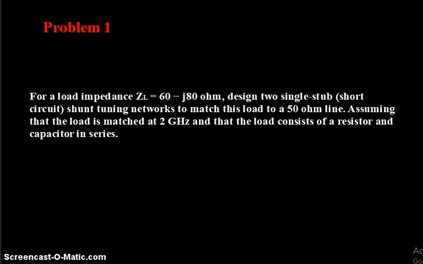Assuming that the load is matched at 2 gigahertz and that the load consists of a resistor and capacitor in series. Here ZL is given, Z0 is given, and the frequency is given. They are asking for two single step matching networks where the stubs are connected in shunt and short circuited. These are the details given in the problem.